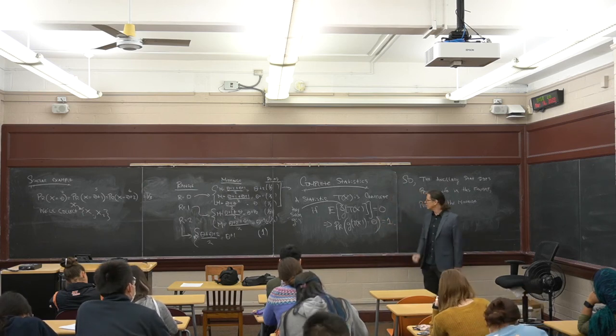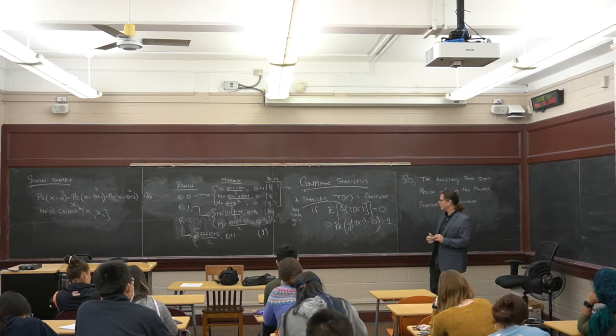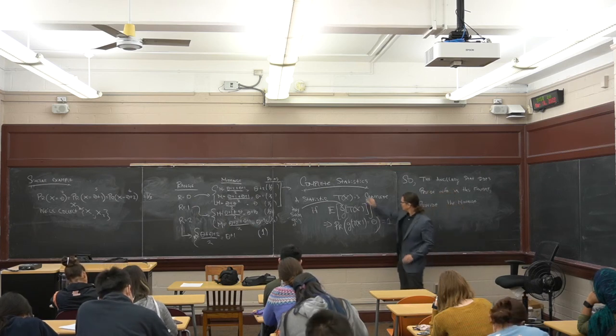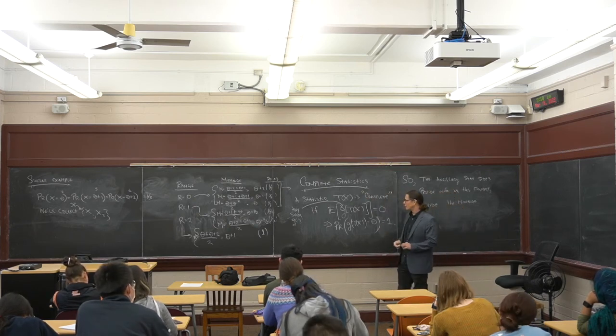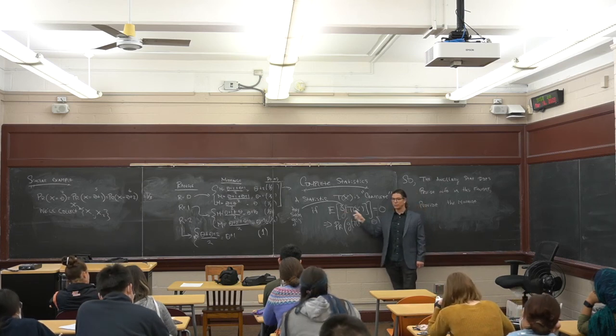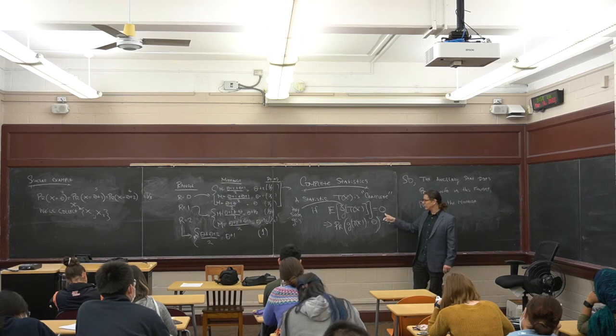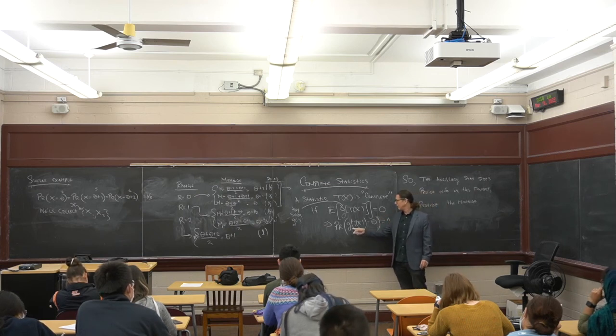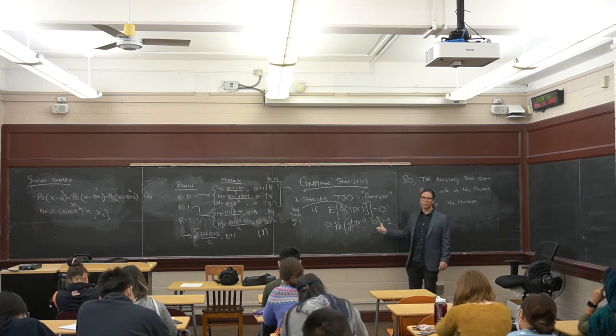Let me say this again. So a complete statistic is a statistic such that if I take a function g, I take the expectation of it, and it's 0, that's going to mean that g is actually 0 in probability.